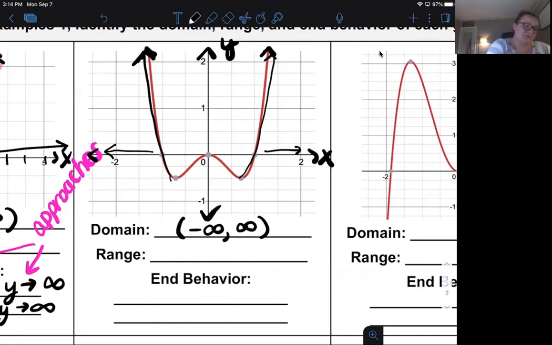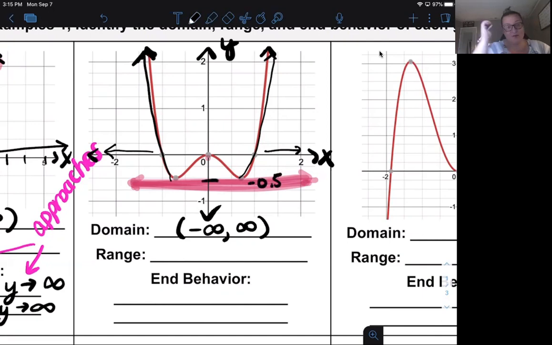Now we need to talk about the y values. I see that my y values don't go lower than this line right here. All the y values are above it. That means that y can't be less than whatever number this is right here. I believe that number is halfway between 0 and negative 1, so this should be negative 0.5.